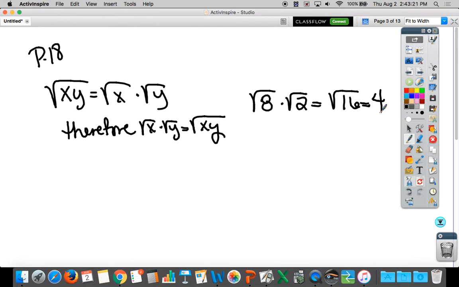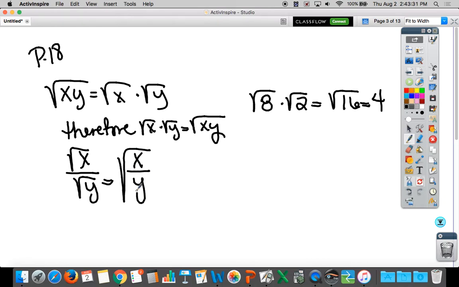Okay? Now, let's talk about the division. The square root of x divided by the square root of y is the same thing as the square root of x divided by y. So, for instance, if I had the square root of 25 over 36, you may not think you know what that is.